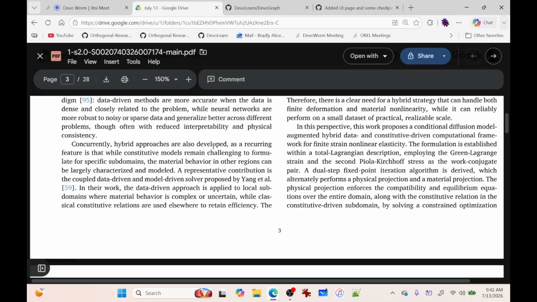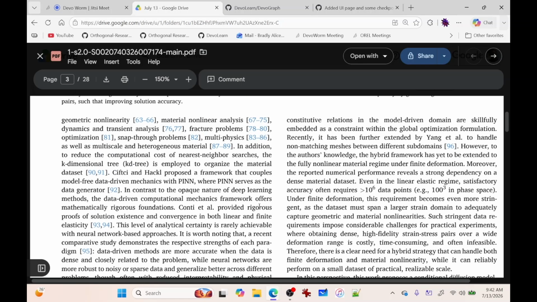Concurrently, hybrid approaches are also developed, a recurring feature of which is that while constitutive models remain challenging to formulate for specific subdomains, the material behavior in other regions can be largely characterized and modeled. A representative contribution is the coupled data-driven and model-driven solver proposed by Yang et al. In their work, the data-driven approach is applied to local subdomains where material behavior is complex or uncertain, while classical constitutive relations are used elsewhere to retain efficiency.